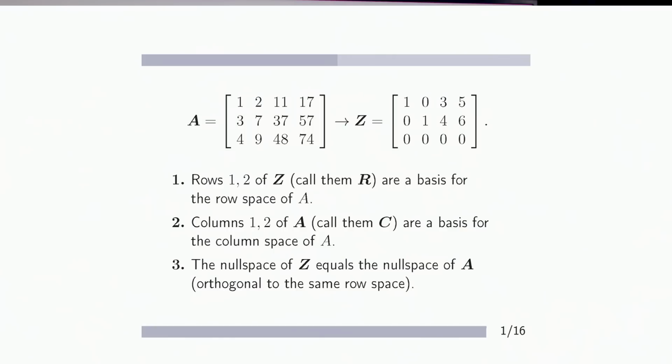And finally, the null space. If we want to solve AX equals 0, this moves us to solving ZX equals 0. Null meaning 0, that's the 0 on the right-hand side.